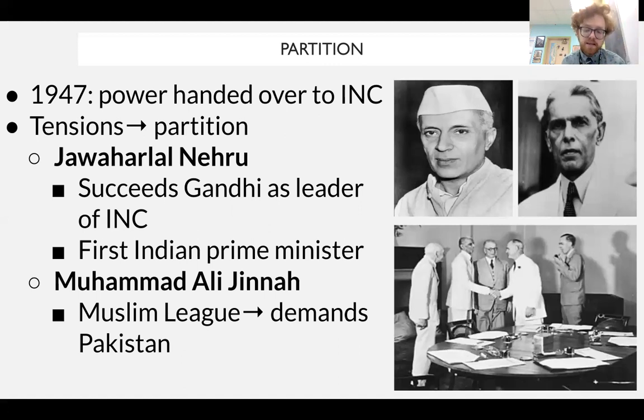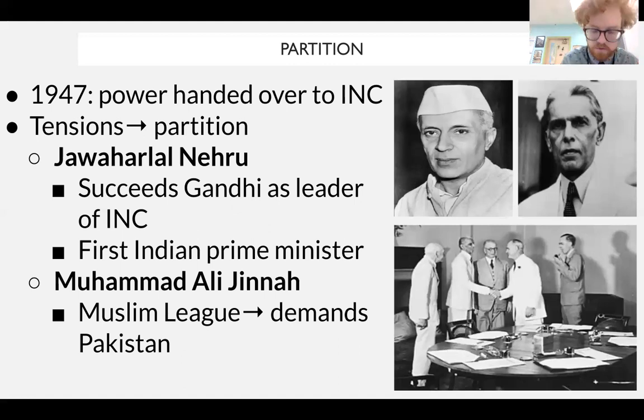So the Muslim League is going to sit down with the INC, and unfortunately, because of this overall atmosphere of suspicion, because of this increased Hindu violence against Muslims, Jinnah is going to say, well, we can't live together. For the sake of Muslims on the Indian subcontinent, we can't live together. We are going to make our own country. And that is going to be what will lead to the creation of Pakistan. Pakistan, majority Muslim country. India, majority Hindu country.